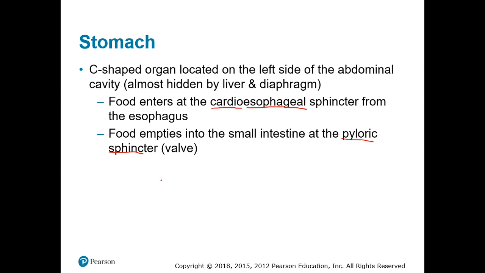Valves prevent backflow. Oftentimes, if you have heartburn, usually your stomach acid has gone up through your esophageal sphincter into your esophagus, and you feel that heartburn and it burns because, of course, your stomach is full of acid. And then your pyloric sphincter prevents things from going from your small intestine back into your stomach.